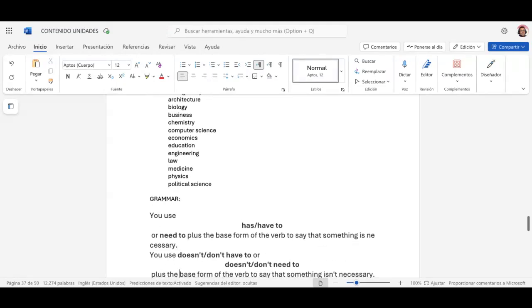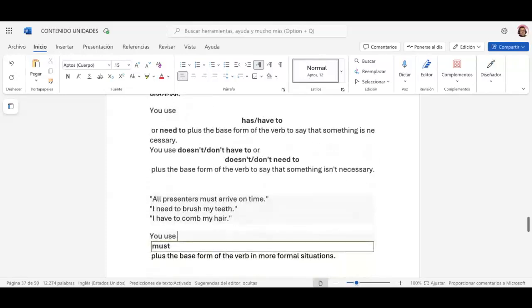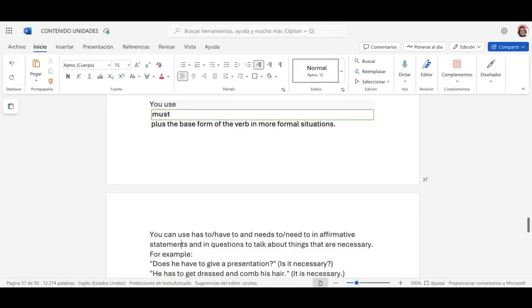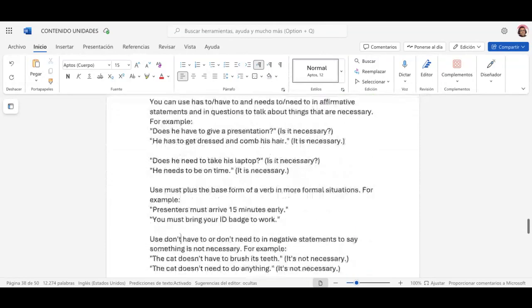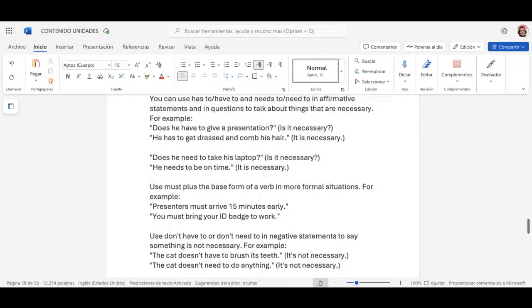In the grammar part, as I told you before, you learn how to use need to and have to. But the important thing, I think, in this case was the difference between need to, have to, and must. Do you remember what is the difference between those modals? When you use have to and when you use, for example, must.